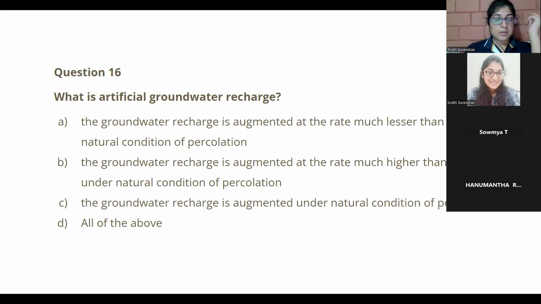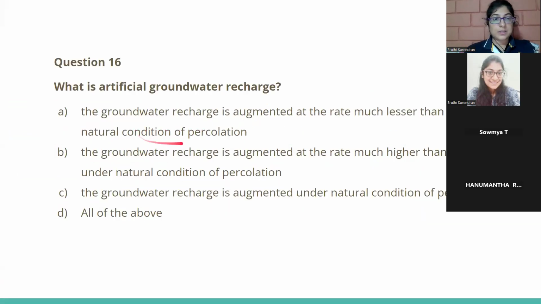Okay, so the first option here is that the groundwater recharge is augmented at a rate much lesser than that under natural conditions of percolation. So this means that the recharge is added at a rate which is lesser than the rate at which the groundwater is getting collected due to natural percolation.